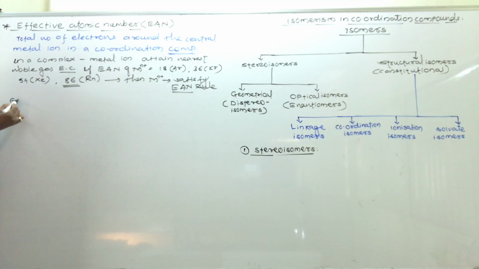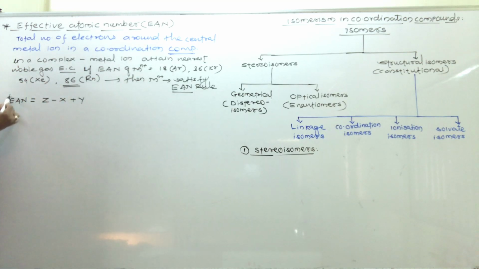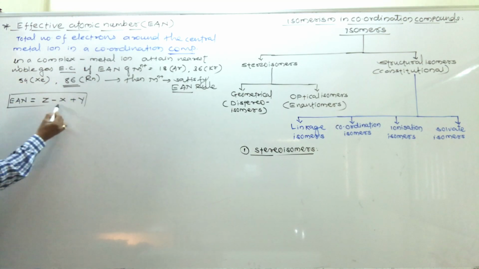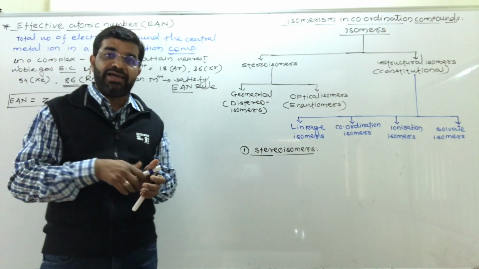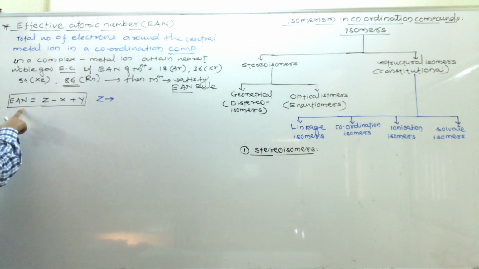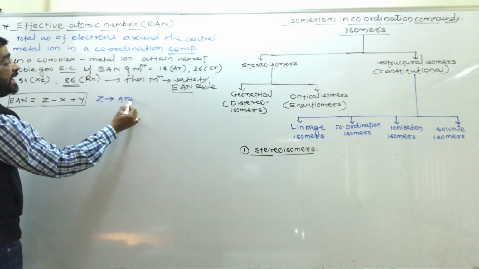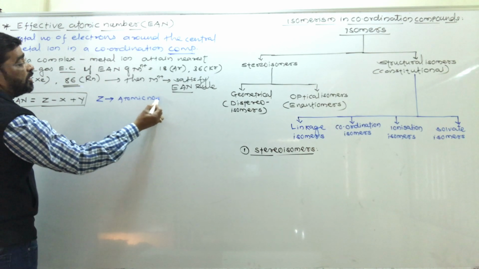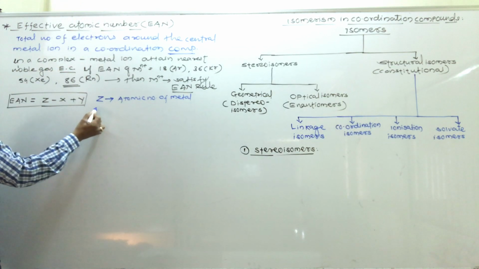Now see, effective atomic number is equal to Z minus X plus Y. This formula you have to learn and remember to find out the effective atomic number of a metal ion in a coordination compound. What is Z? Z is the atomic number of the metal.